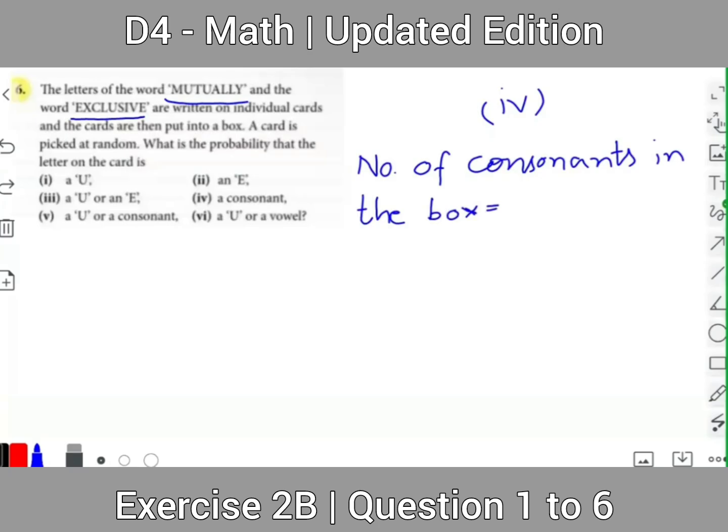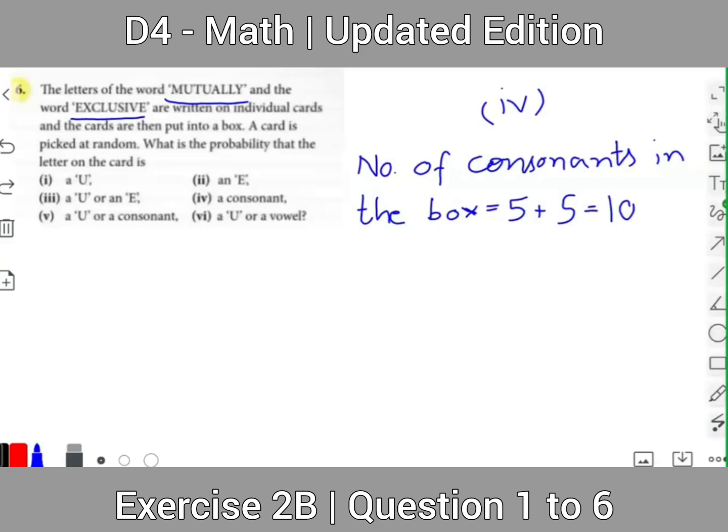In the word mutually, we have 3 vowels and 5 consonants. And in the word exclusive, we have 5 consonants. So in total, we have 10. So the number of consonants in the box will be equal to 10.